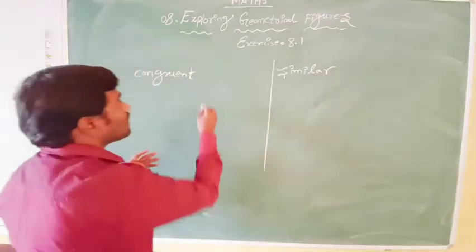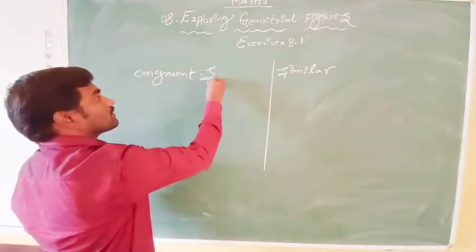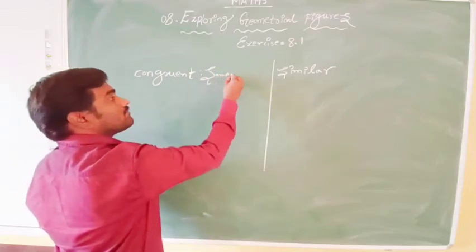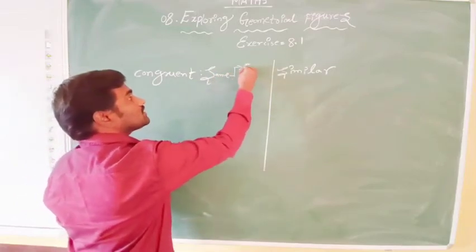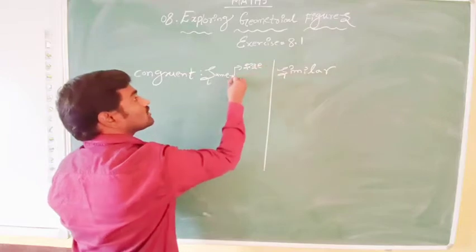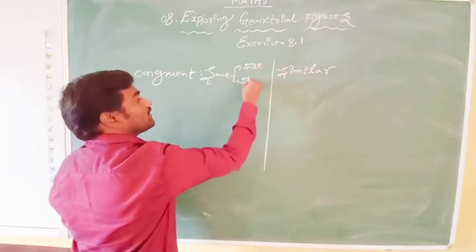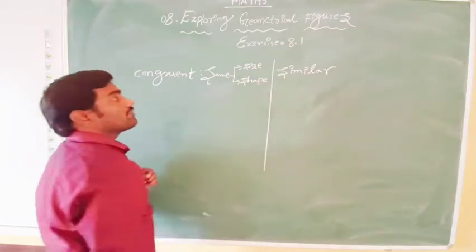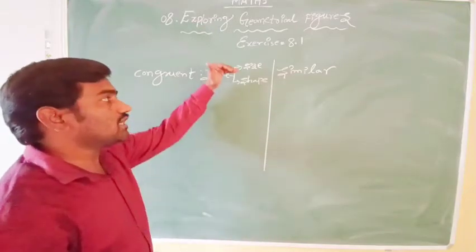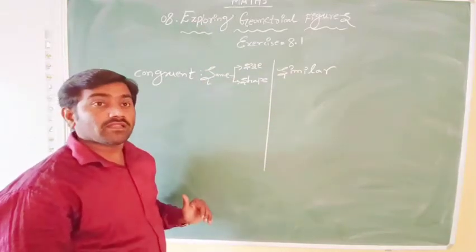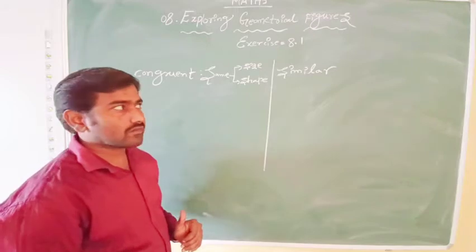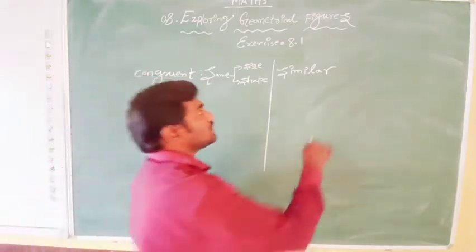So congruent figures will always have the same size and also the same shape. If figures have the same size and same shape, they are called congruent. Then what is similarity?